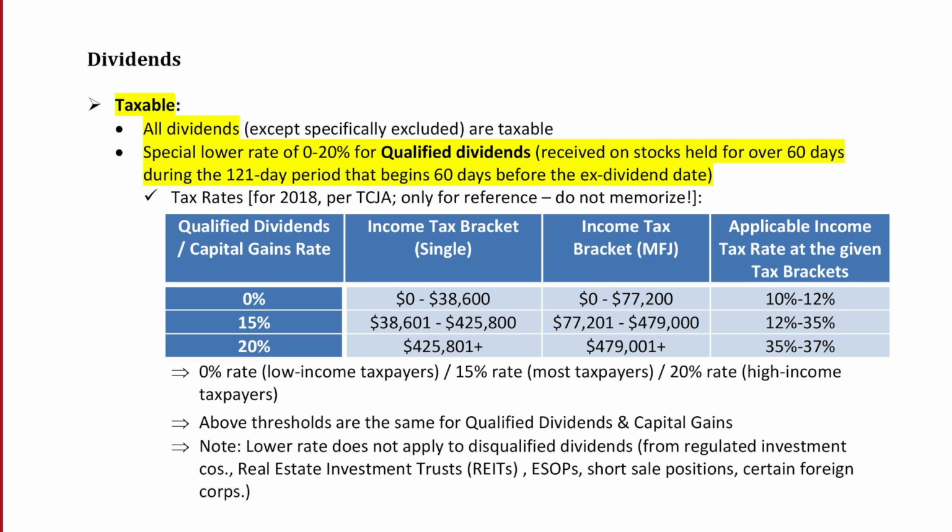And these are dividends received on stocks held for over 60 days during the 121-day period that begins 60 days before the ex-dividend date. So the tax rate for qualified dividends starts at highlight 0%, goes to 15%, and the highest rate for qualified dividends is highlight 20%.